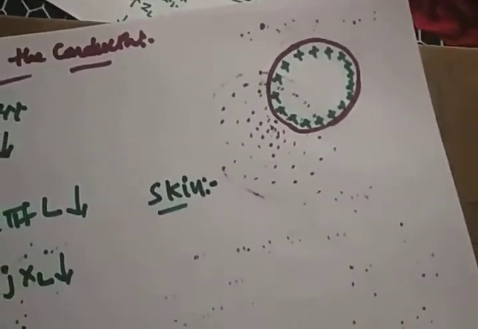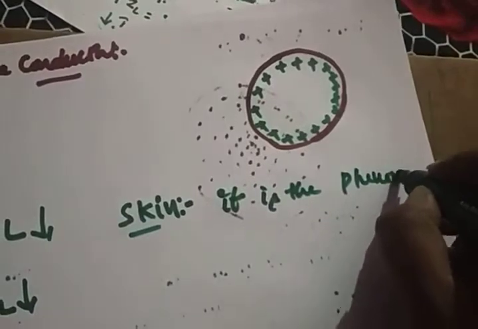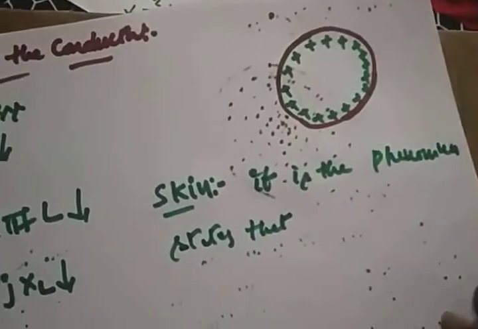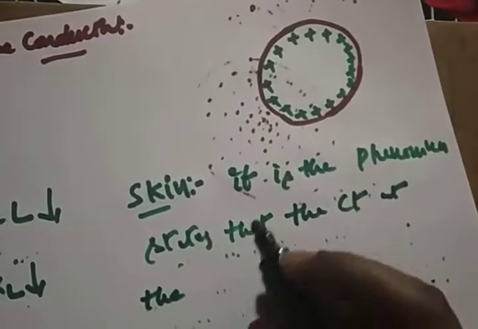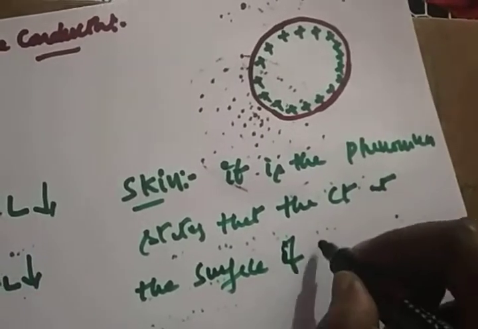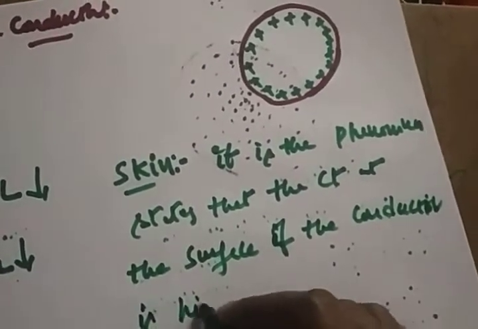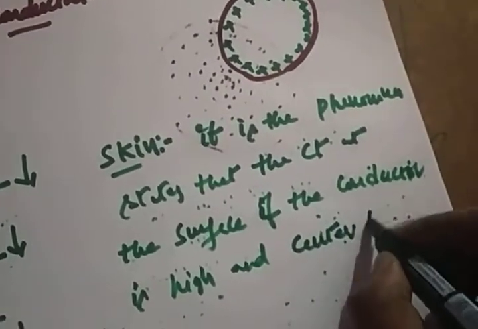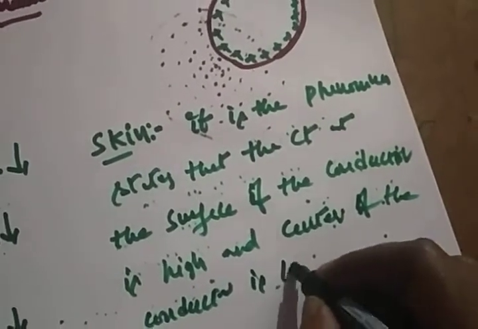So it is a phenomenon that states that the current at the surface of the conductor is high and at the center of the conductor is less.